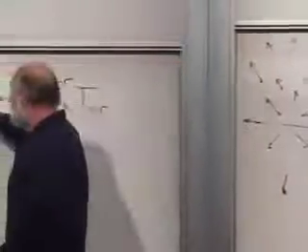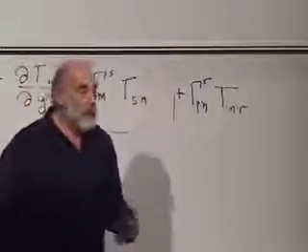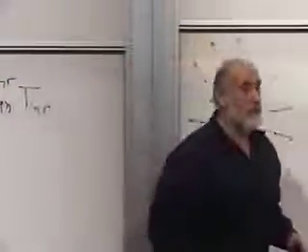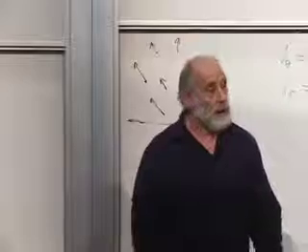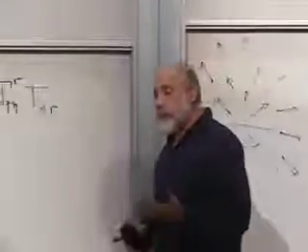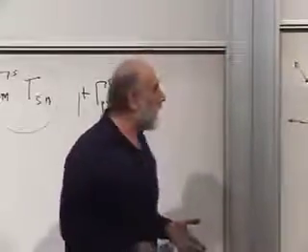Now, I haven't told you what gamma is. Gamma is an object which can be constructed from the components of the metric tensor. So let's see if we can make a little bit of progress in finding out what gamma is.